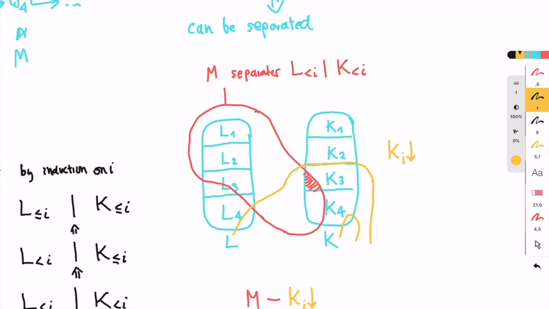Well, it's disjoint from K smaller than i, because it's clearly disjoint from Ki and K1, K2 we just argued, but it also contains, well, we don't know if it contains, but this guy is disjoint.